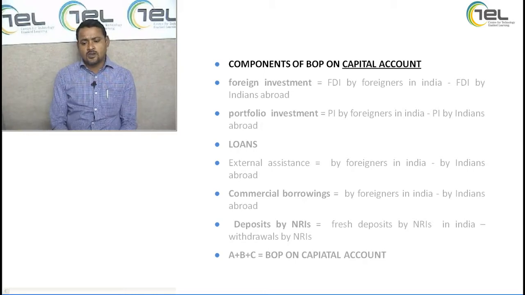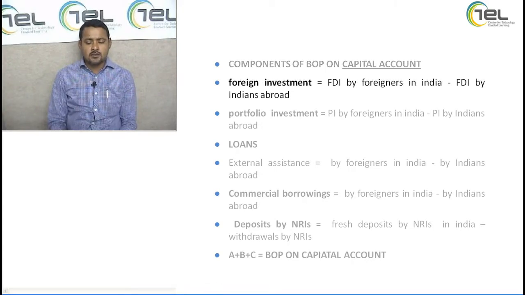The components of BOP on capital account can be summarized as follows: foreign investment, portfolio investment. Foreign investment can be summed up as FDI by foreigners in India minus FDI by Indians abroad. So whatever we are getting as inflow minus whatever we are getting as outflow.